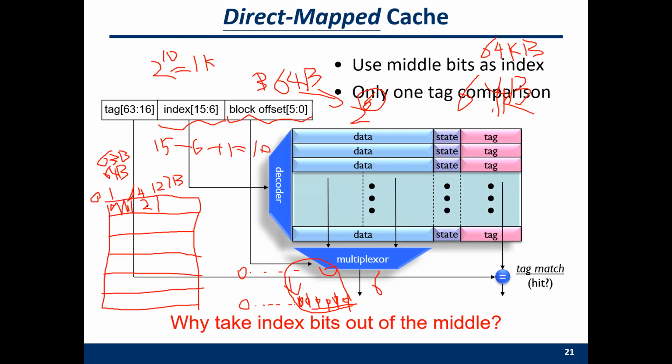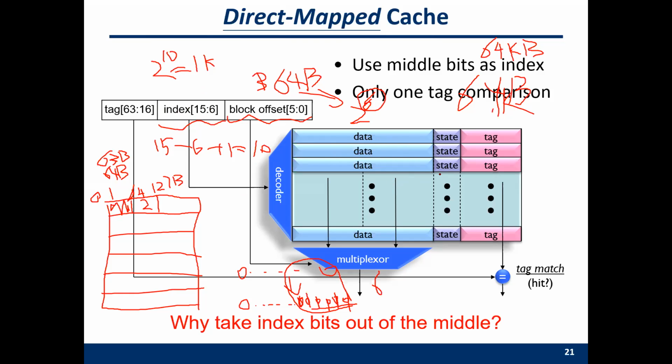So I prefer to store these 2 lines simultaneously in this cache, right? That's the reason why I selected these as the index, because each line here is related to one index.